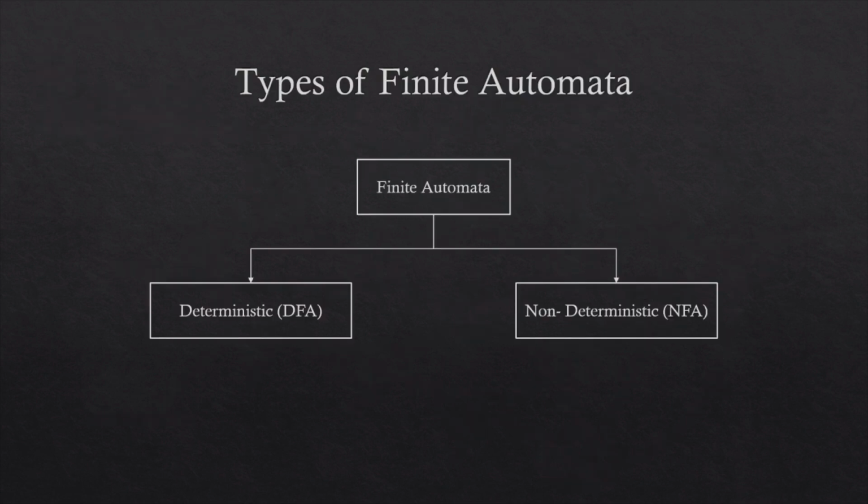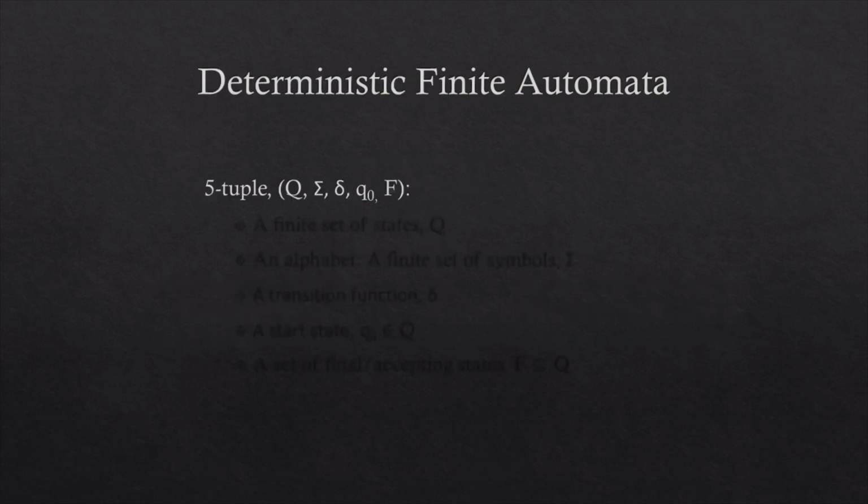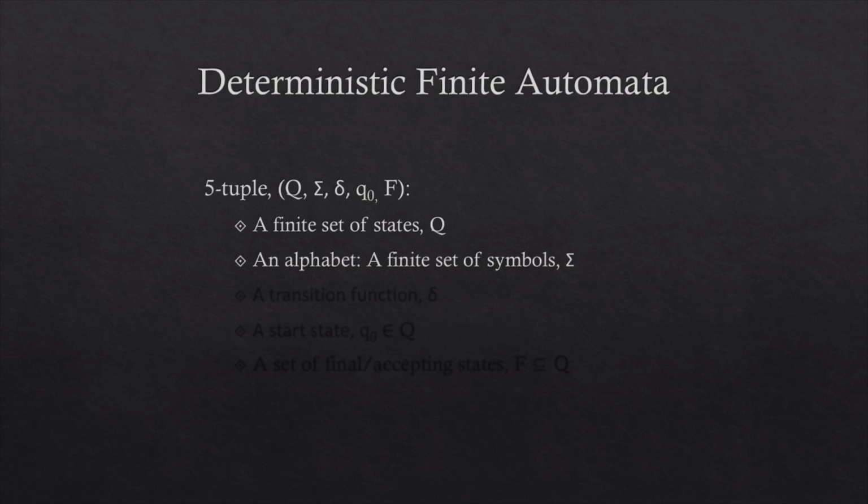Finite automata can be of two types: deterministic finite automata, or DFA in short, or non-deterministic finite automata, in short, NFA. But in this video, we're only going to focus on DFAs. A deterministic finite automaton, or DFA, is represented by a 5-tuple, meaning that it consists of 5 things: a finite set of states that is denoted by Q, an alphabet or a finite set of symbols which is traditionally represented by sigma.